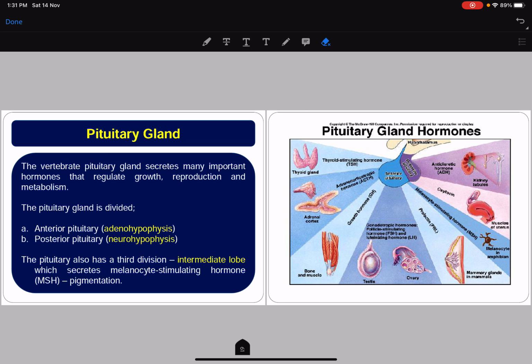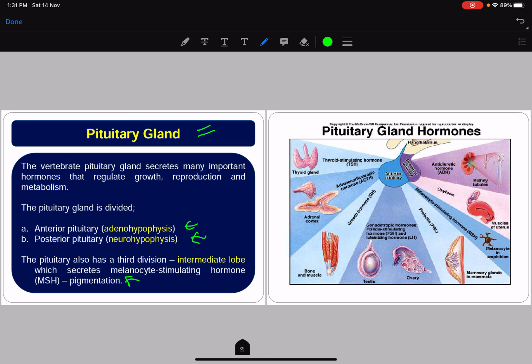The pituitary gland is divided into two divisions, the anterior pituitary and the posterior pituitary. It also has a third division, the intermediate lobe, which secretes melanocyte stimulating hormone, involved in pigmentation.